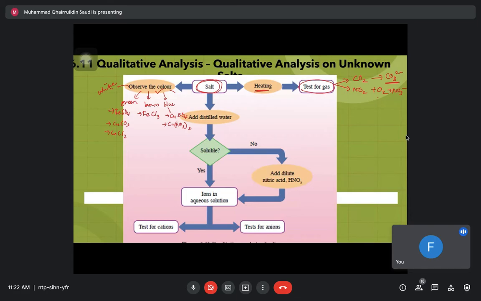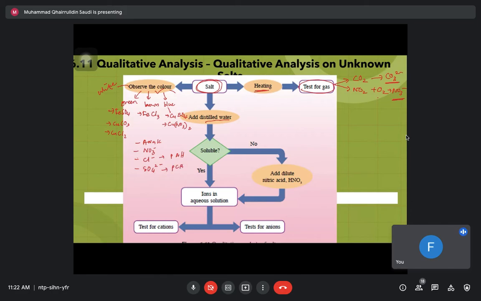Kemudian awak buat further test, awak add distilled water. Tengok dia soluble ke insoluble. Kalau soluble, all nitrate salts, dengan chloride salt dan sulfate salt, except chloride salt except for lead chloride, sulfate salt except for lead sulfate.